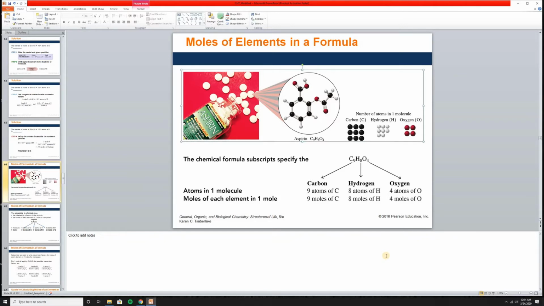So there would be 2 moles of paper on 1 mole of tables. This is a very similar concept, but in each compound you have multiple atoms. So in 1 mole of aspirin, you're going to have 9 moles of carbon, 8 moles of hydrogen, and 4 moles of oxygen.